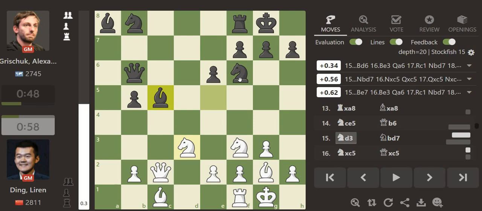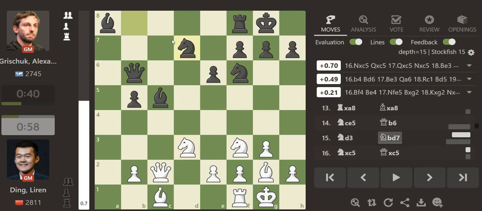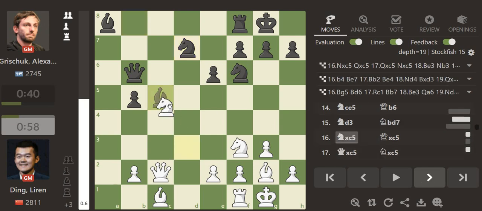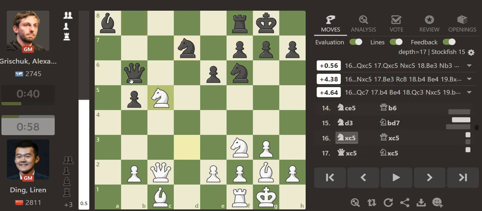So now all black has to do is go here, which is what happened. So it's just this one rather than this one. Yes, both okay. And now we have captures, and now we definitely have this capture.